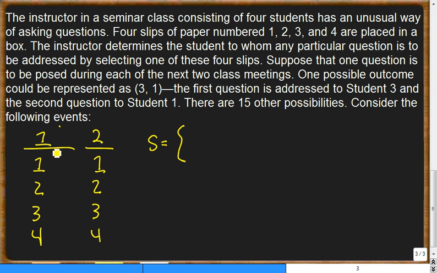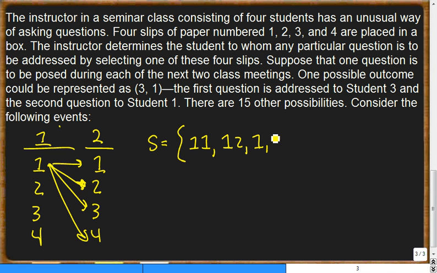So what if on the first day we have a pick of the first person? We're going to have 1, 1, 1, 2, 1, 3, and 1, 4.